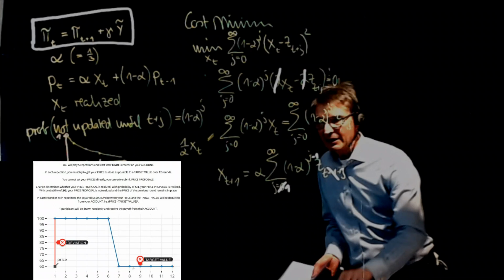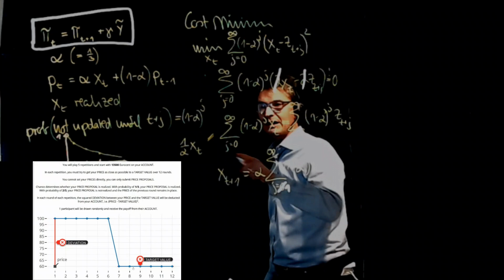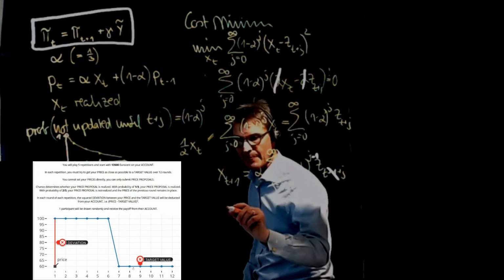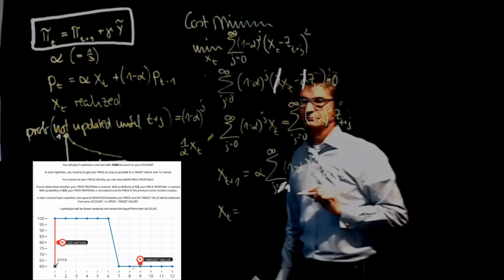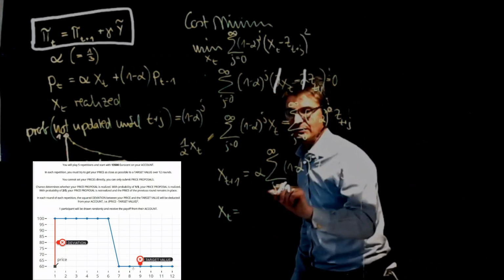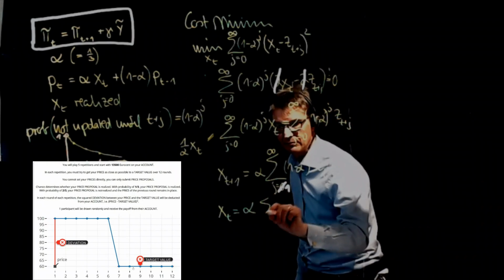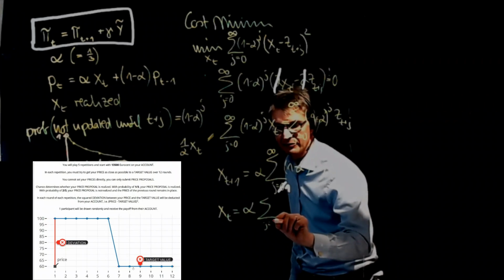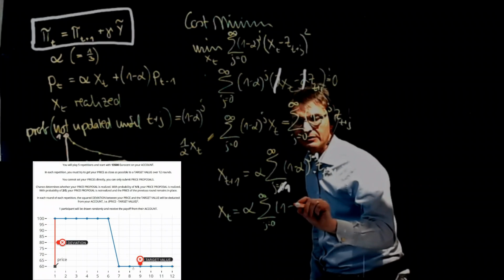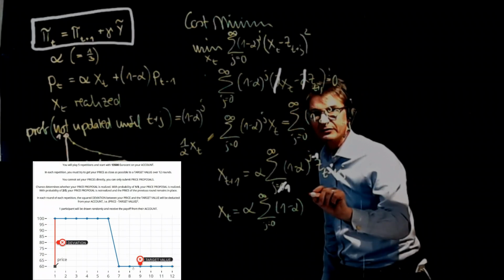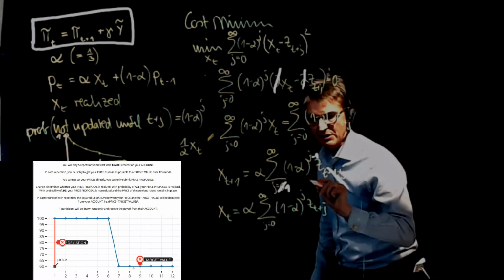Now what you see here is already very close to the solution, because what do we have? The x_t is equal to alpha times this sum from j equal to 0 to infinity. And let me just repeat it: (1 minus alpha)^j times z_{t+j}.